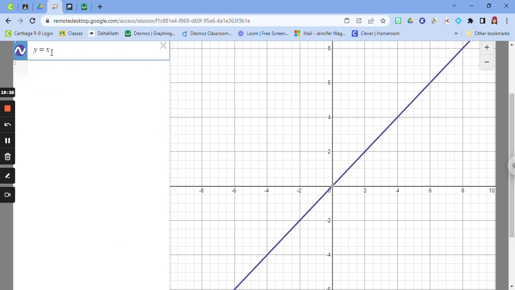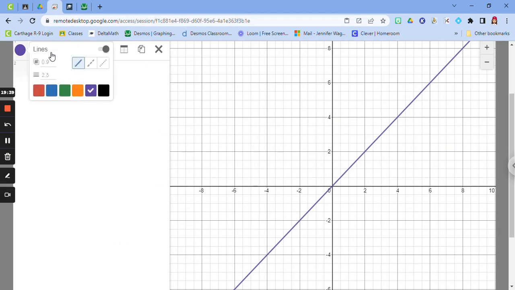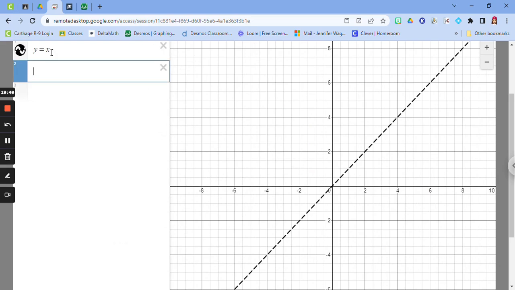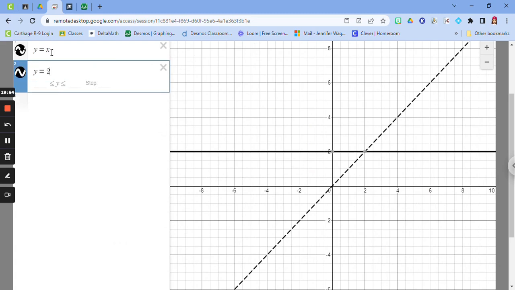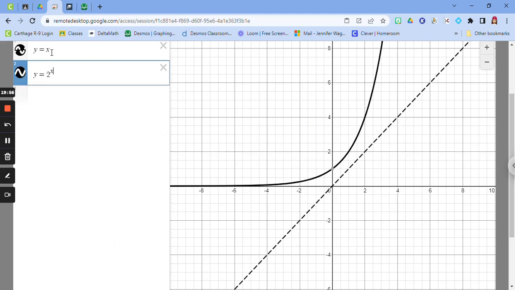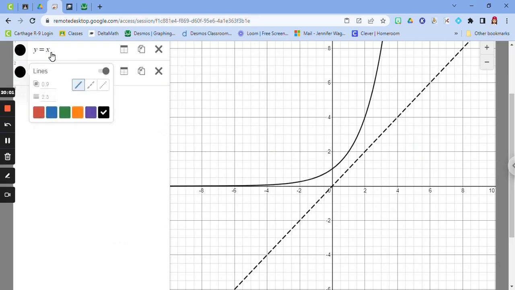That'll give you a really good idea if you got the correct thing. Now, I don't want mine purple. I want it to be the black dashed line like before. So I'm going to go to my settings, change the color, and change it to dashed. Your settings allow you to change the colors of these equations. Now, I'm going to type the exponential equation. Again, I don't want it that color.